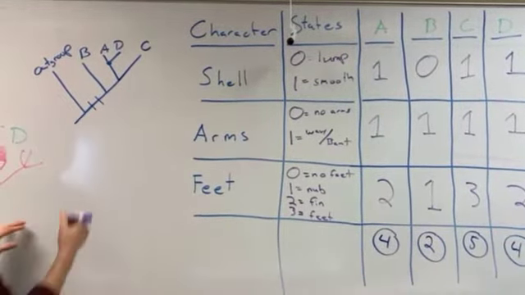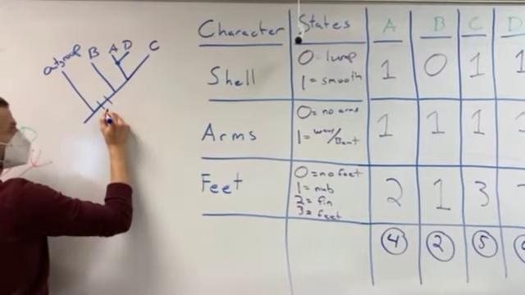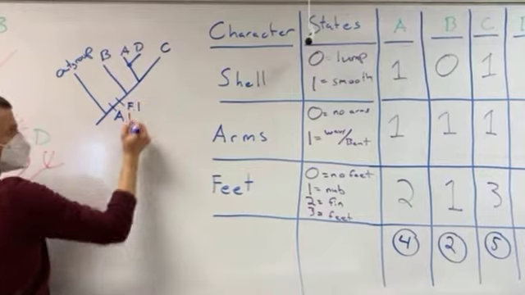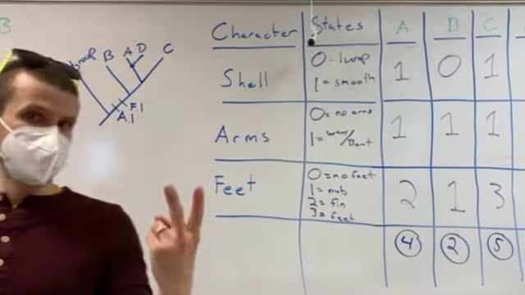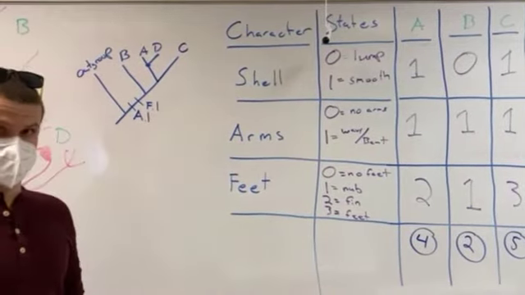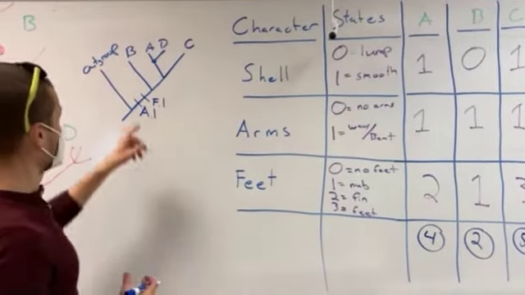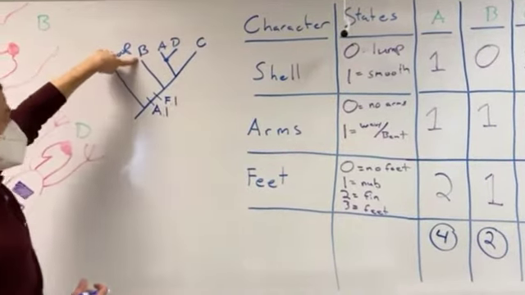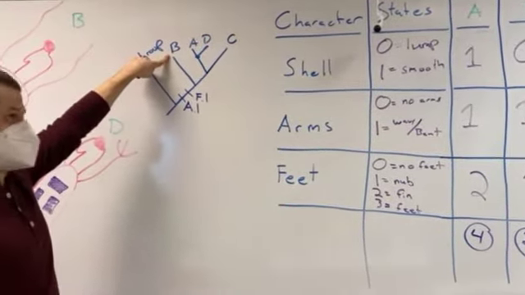So for shorthand here, I will put arms 1 and feet 1. That costs me 2 points to the ultimate length of my tree. There are 2 tick marks on the tree. With those changes, we can arrive at the common ancestor of B.